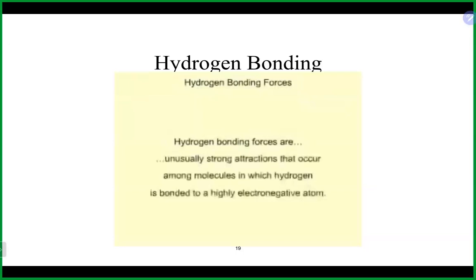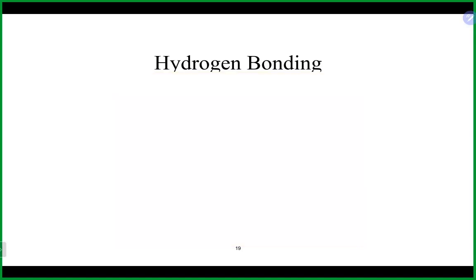Hydrogen bonding forces are unusually strong attractions that occur among molecules in which hydrogen is bonded to a highly electronegative atom. So again, in that earlier part of that animation with ice, because of the strong hydrogen bonding, when it comes into the solid state, those water molecules can't get really close to one another, which gives water that unusual property of being less dense than its liquid version.